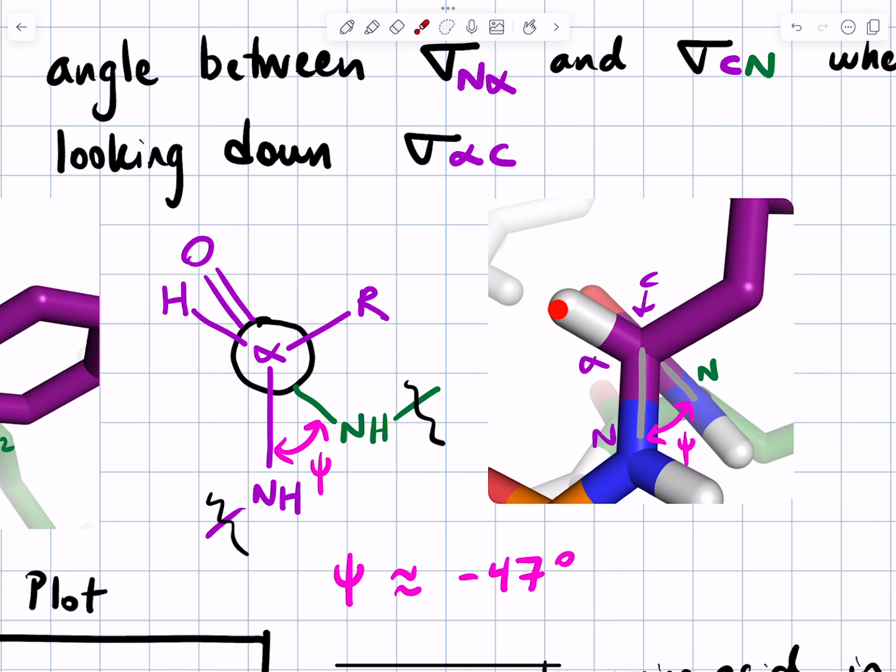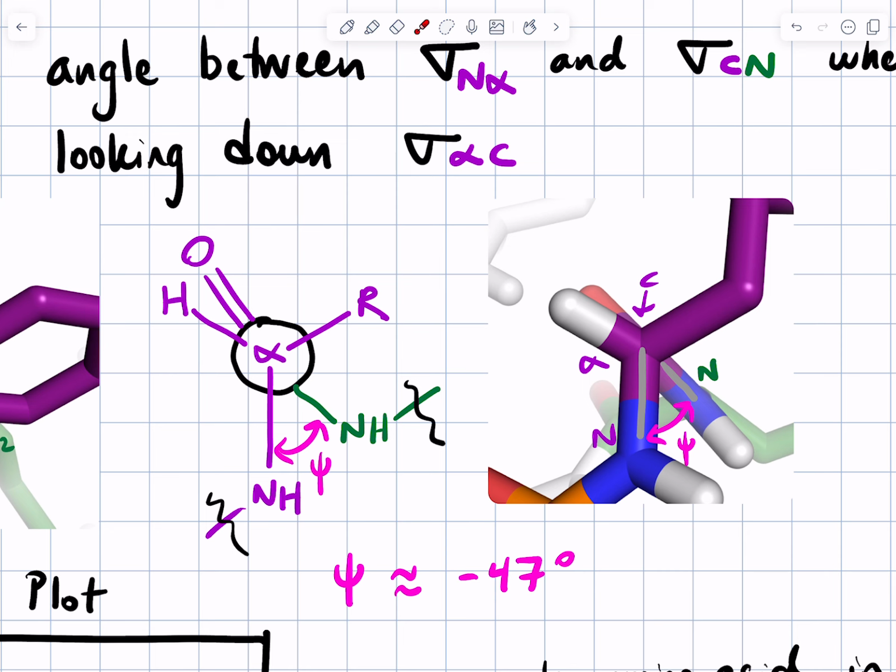Here's the carbon in the front, proton, side chain, nitrogen, and then in the back, here's the carbonyl oxygen and the amide nitrogen. And the angle psi is the angle between the 2 nitrogens. In general, the phi, the psi, and the omega are always between the backbone atoms. And here, psi equals around -47.